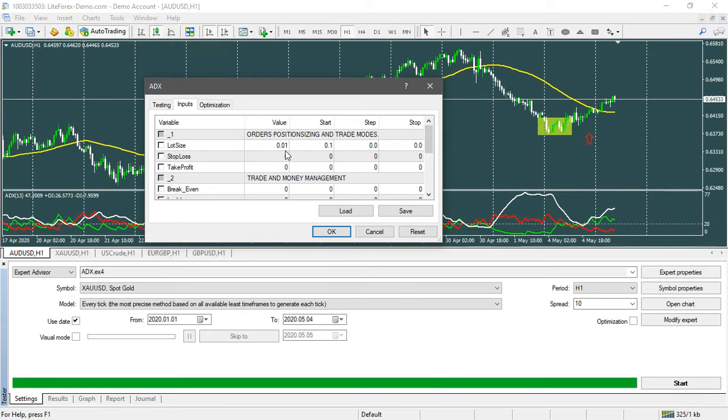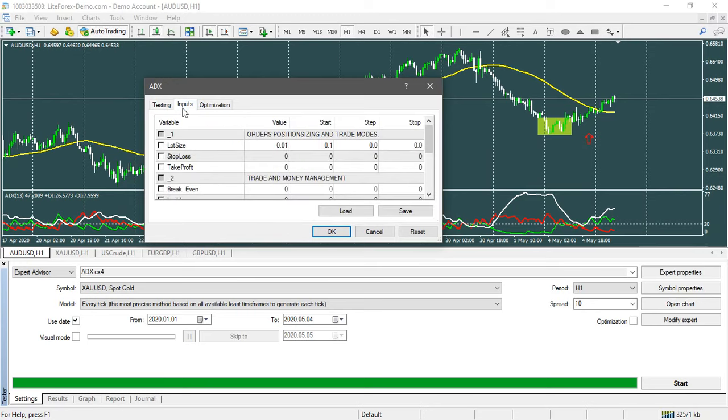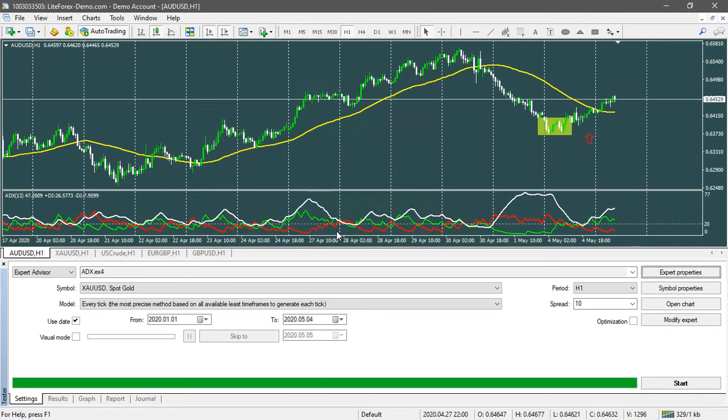Don't over leverage your account. Don't use insane lots. I always do my tests with $300, that you know for sure. I use micro lots, and the trick behind this, as I said, is the ADX settings.